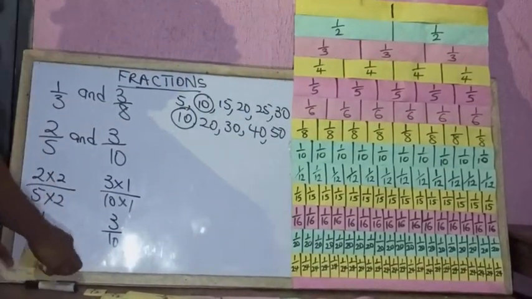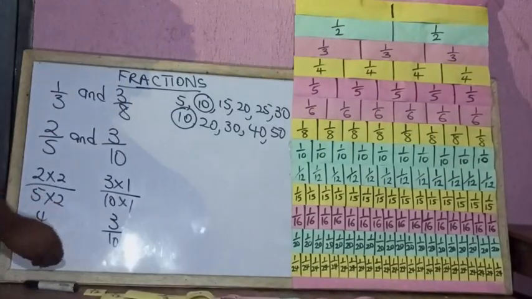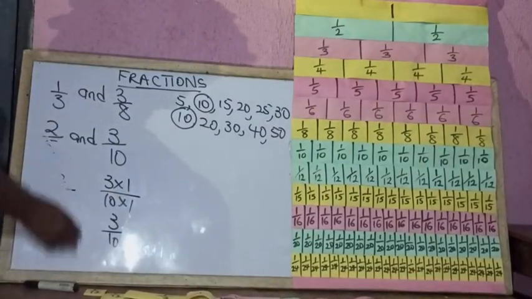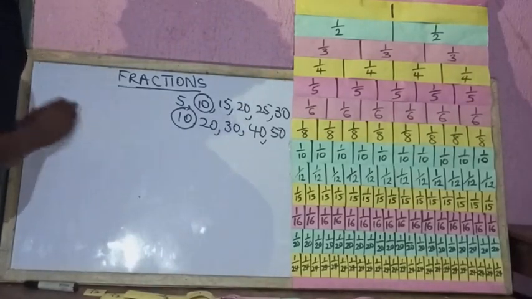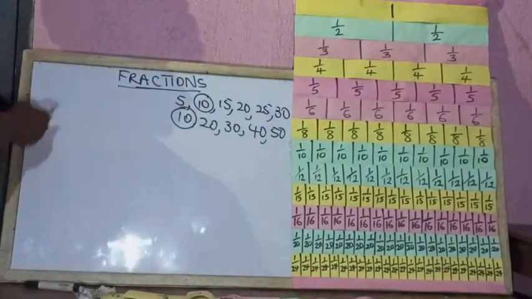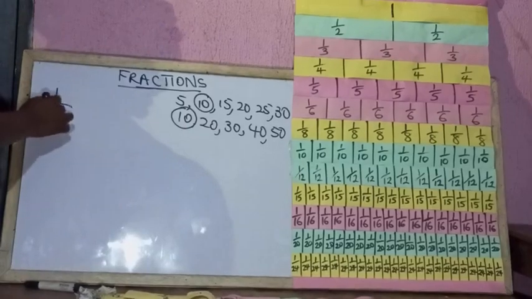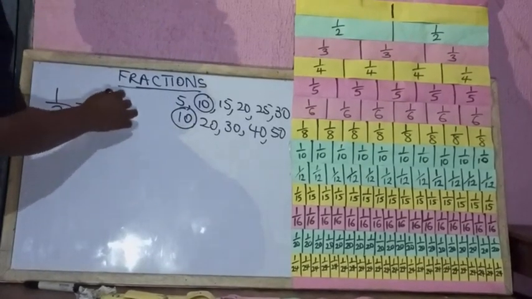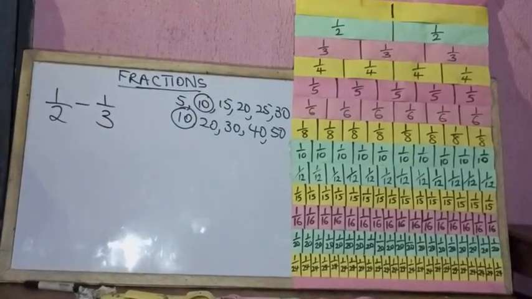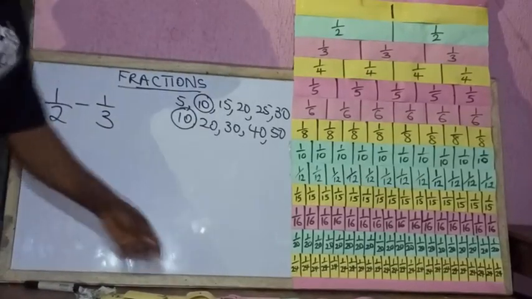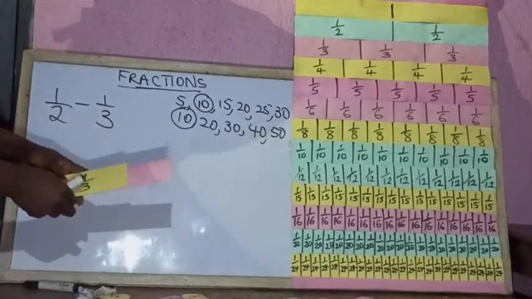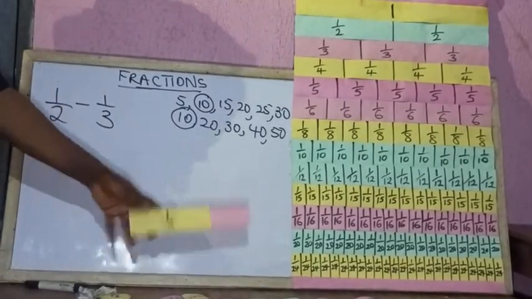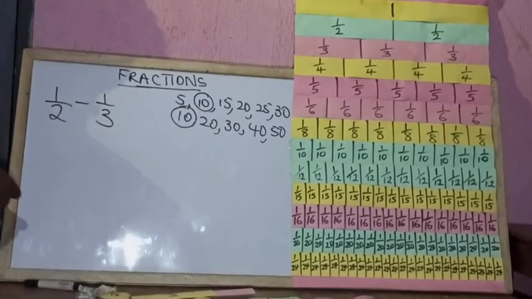So that is it about ordering of fractions, and we can still use this to do our addition and subtraction of fractions. So here we'll be subtracting 1 over 3 from 1 over 2. So we say 1 over 2 minus 1 over 3. Now, we have all accepted that 1 over 2 is bigger than 1 over 3. So when we subtract, we want to know what we would have left.